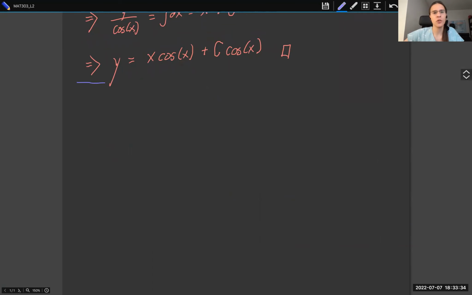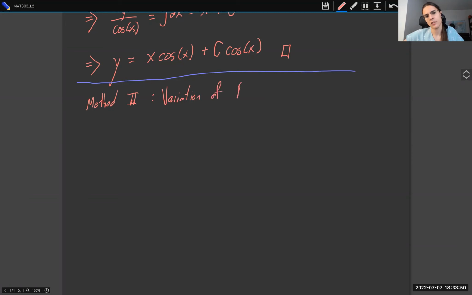So method 2 will be known as variation of parameters. So first off, suppose that y sub 1 is a solution of the homogeneous equation.